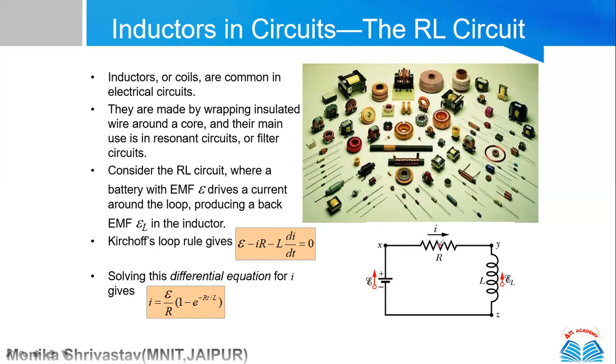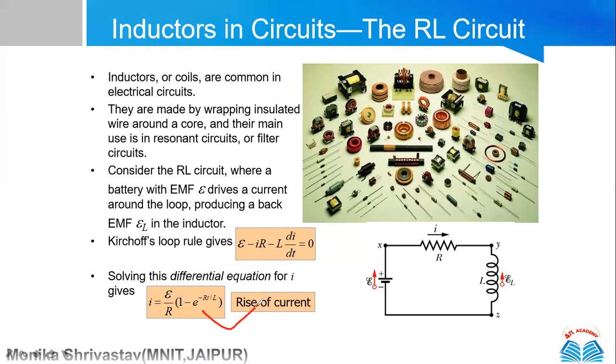For the resistance, V will be equal to I into R, and for the inductance, V will be equal to L di over dt, and the sum equals 0, circuit complete. So the equation is epsilon minus IR minus L di over dt equals to 0. We can solve this differential equation and get I equals to epsilon over R times 1 minus e raised to the power minus R t over L.